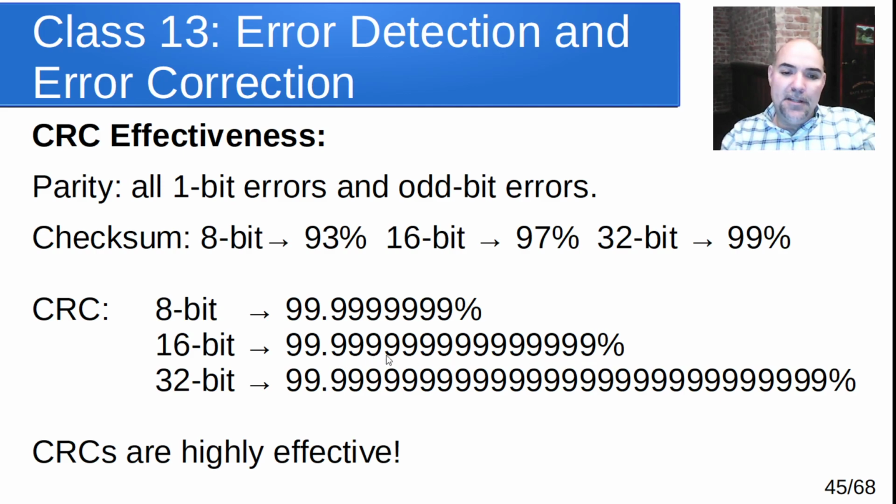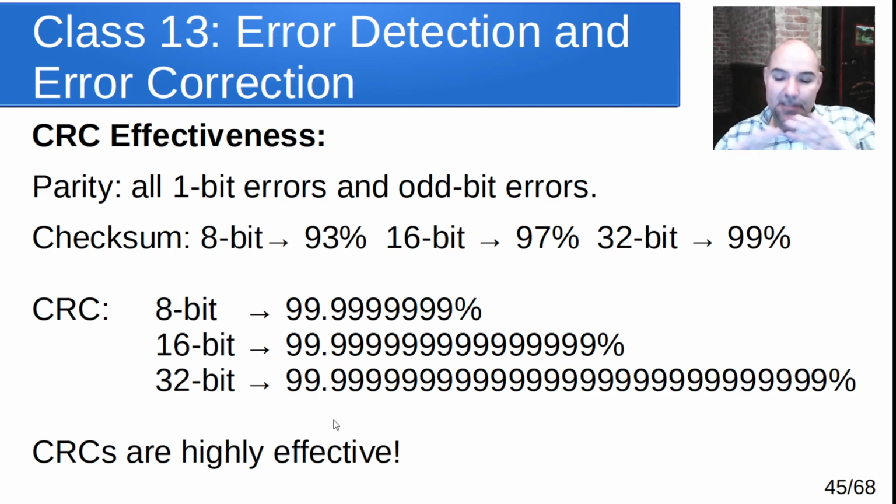That's 15 nines there on the end of that 99. So in other words, 1 to the negative 15th is how many errors could make it through. That's the chance that an error would make it through. And with a 32-bit CRC, now we have, I think, 24 nines there.